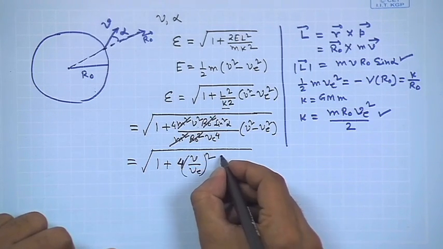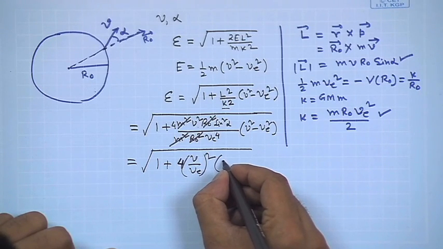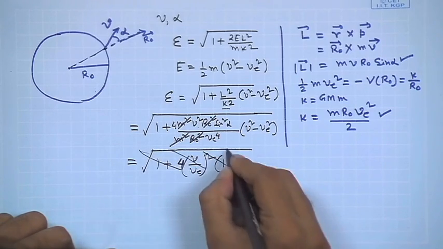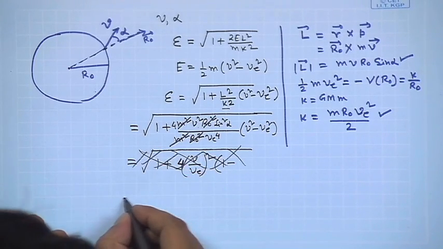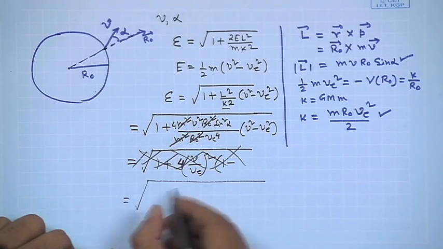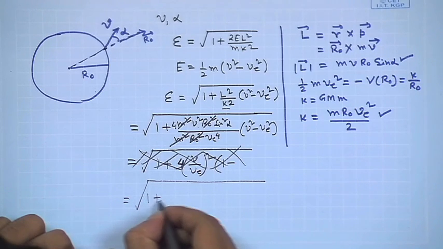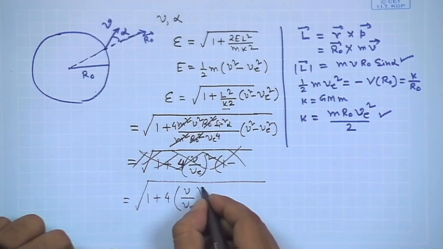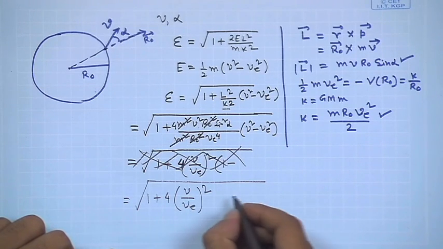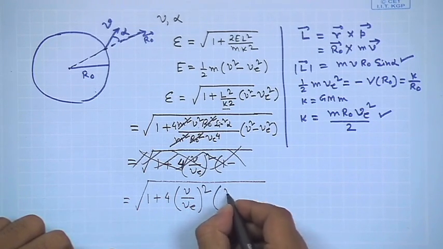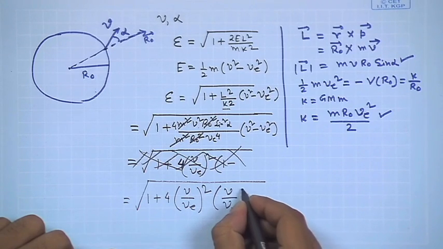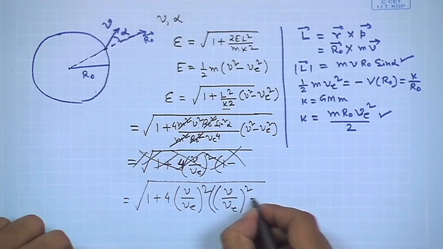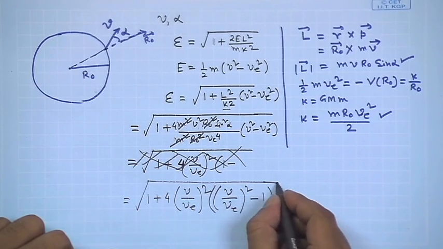We can write this whole thing as 1 plus 4 times v by v e whole square into v by v e whole square minus 1.